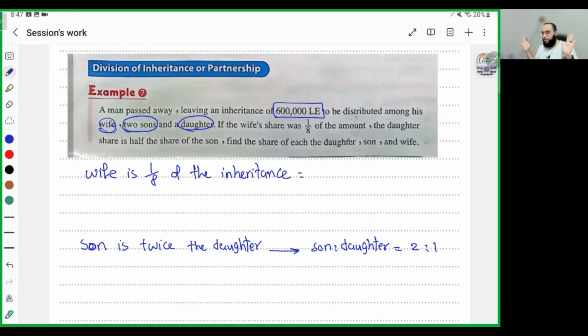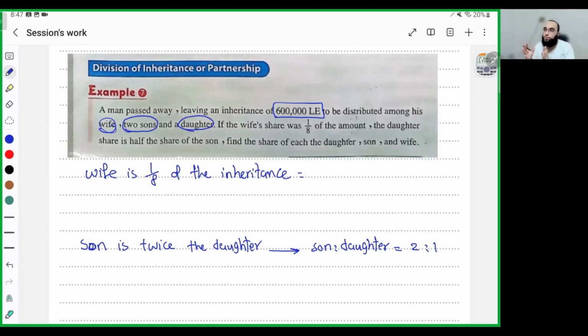So first of all, we have to give the wife her money, firstly, before dividing the rest among the sons and the daughter. So the first thing that we are doing in this case is to give the wife her money.